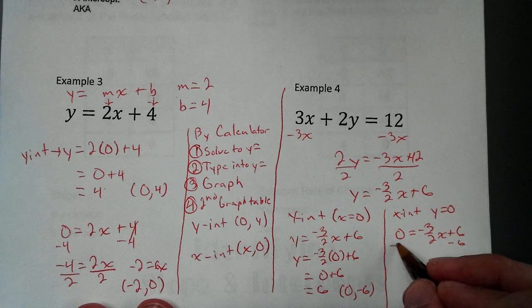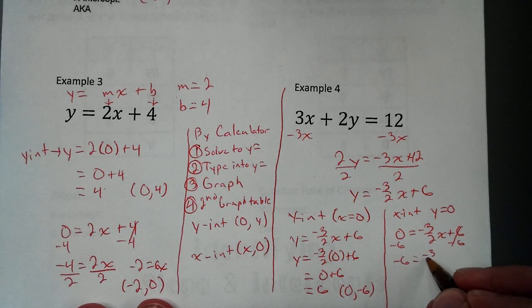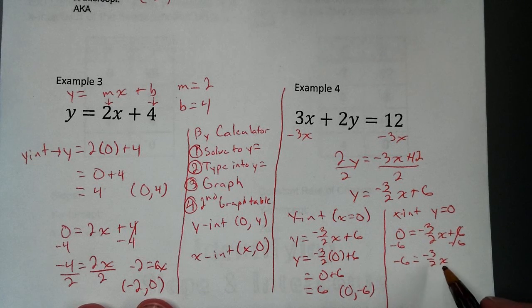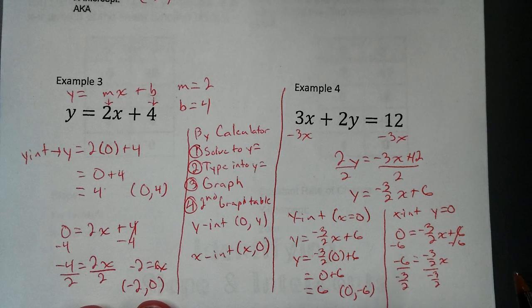So move your 6. Get negative 6 equals negative 3 over 2x. And now this time we're going to divide by negative 3 over 2. And we do negative 6 divided by negative 3 over 2. We get 4 would equal our x. So our x-intercept is at 4, 0.